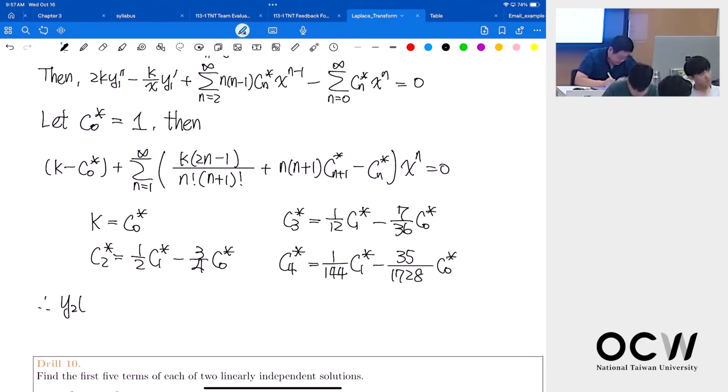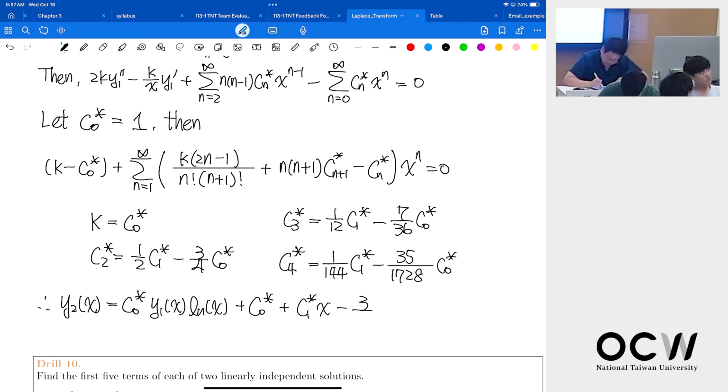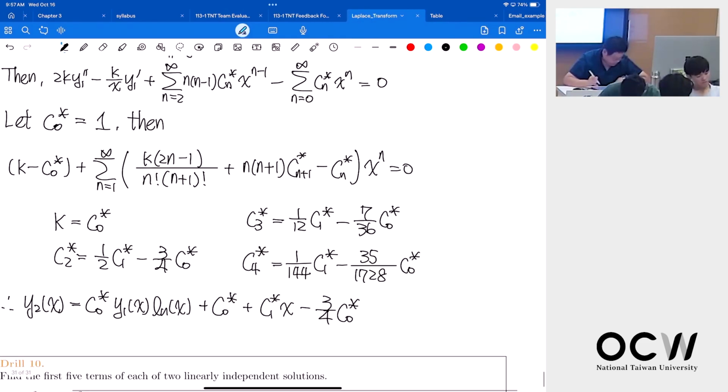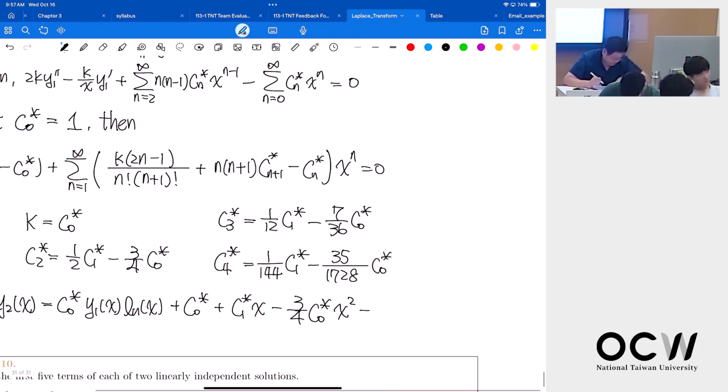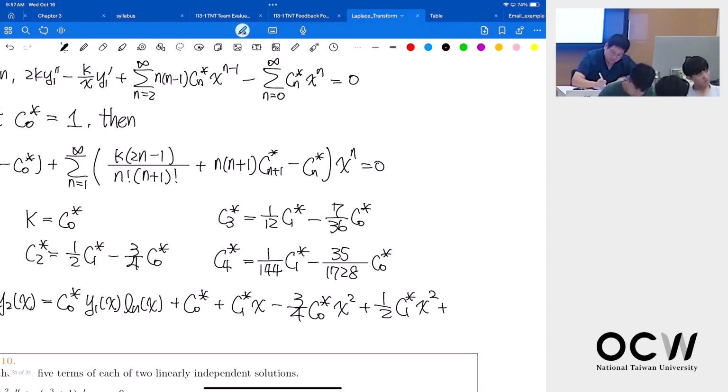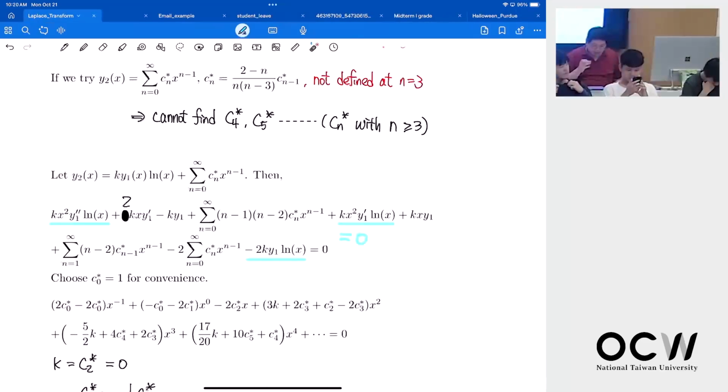Then your y2 will be C naught star y1 natural log of x plus C naught star plus C1 star x minus 3 over 4 C naught star x squared, and so on. We have a typo. This should be 2.